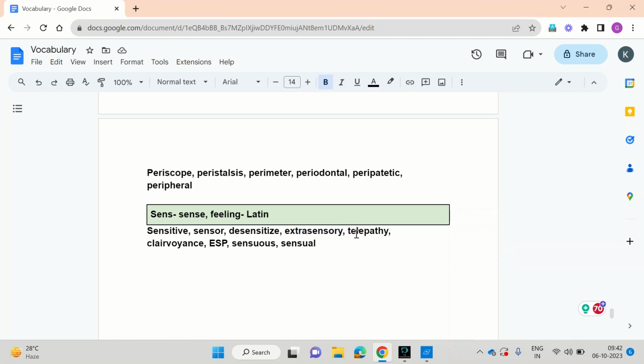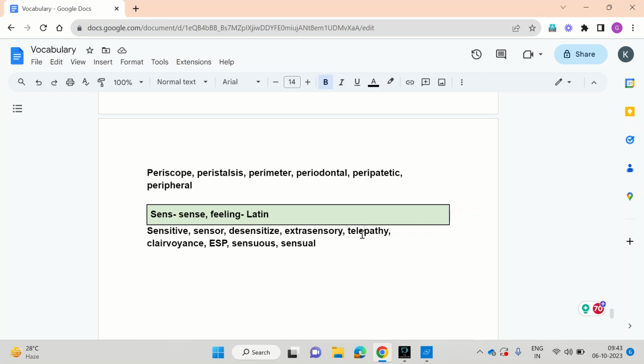Tele is distance. Your friend or family member is somewhere very far, but still you are communicating with them, not in any regular sense. You're thinking about someone, and that person called you at that point only. That is telepathy. You feel somehow you have communicated with that person.